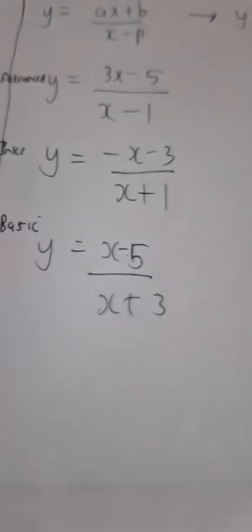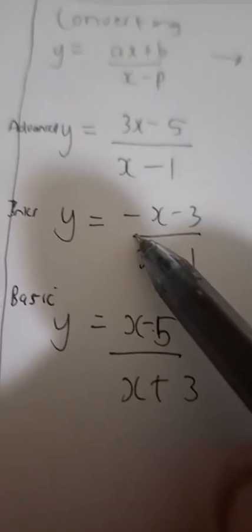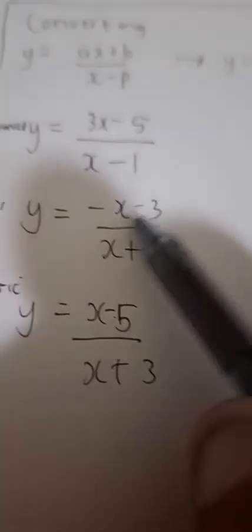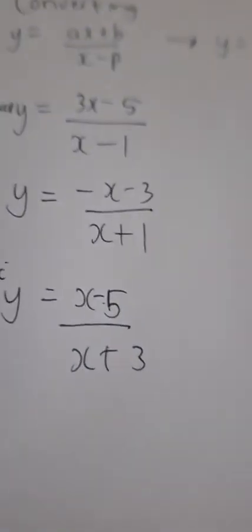I want to look at another one now. Let's look at another question, this one. This time round, it's y is equal to negative x minus 3 over x plus 1. Okay, so let's look at this one.